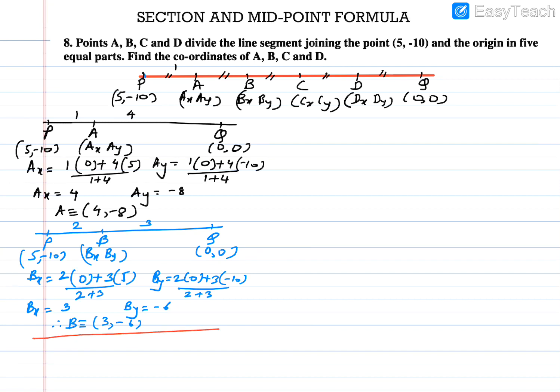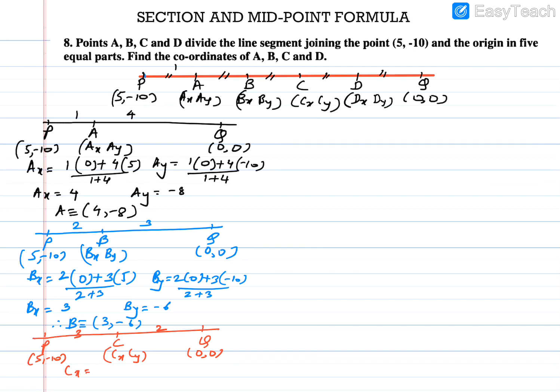Then come for the next part to find c. To find C, I will draw another line. This is P, this is Q, and this is C. Now this ratio is nothing but 3 is to 2. This is 3 and this is 2. P is 5 comma minus 10, Q is 0 comma 0, and this is Cx and Cy. Use section formula for Cx.